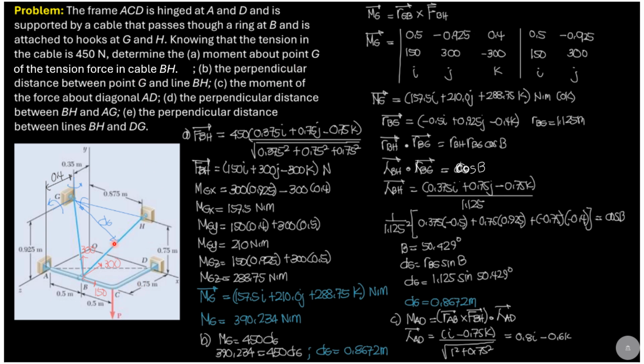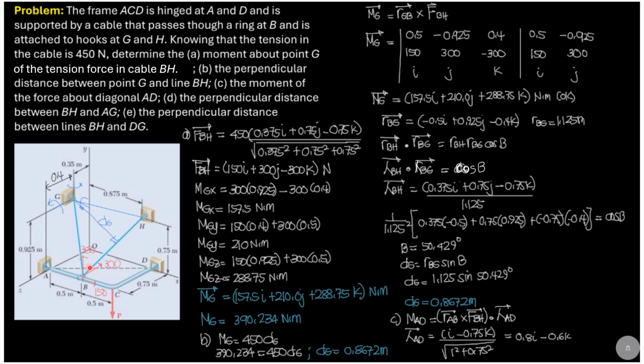So there's a tension here directed from B to H. It is also the tension in BG because this is a ring, so the tension on both sides would be the same. Then the perpendicular distance between point G and line BH, you can compute by trigonometry, but I'll just compute it using the vector approach.